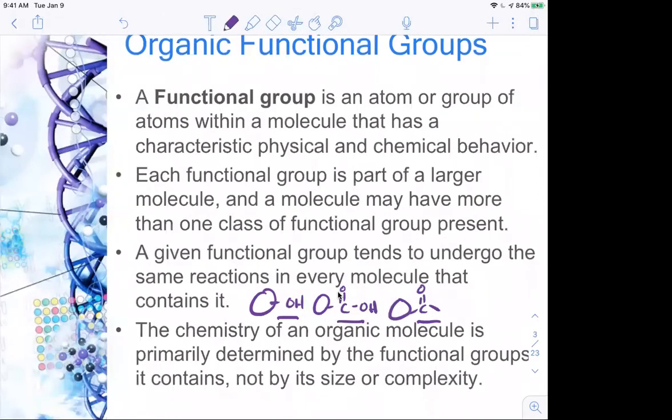Simple compounds that have one alcohol are going to do what alcohols do. Very complicated structures that have an alcohol, that OH is going to do what alcohols do, right? So the chemistry is actually dictated by the functional group and not by the size or the complexity.